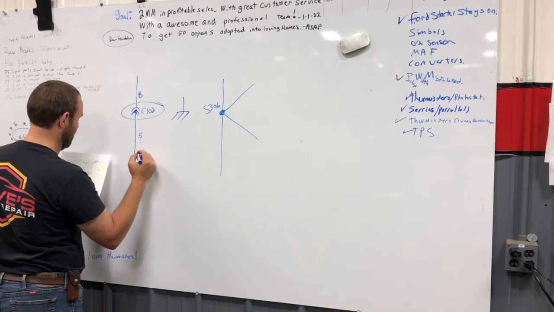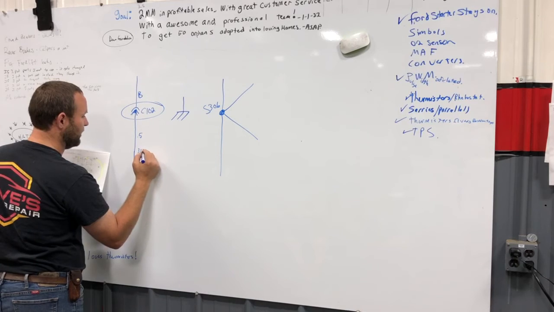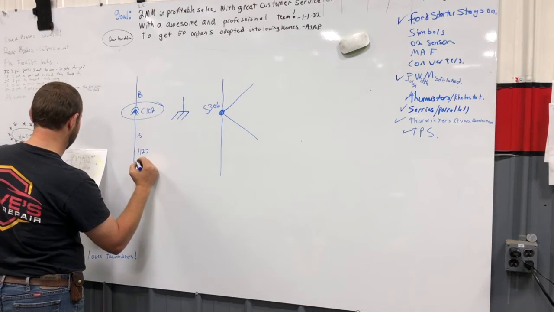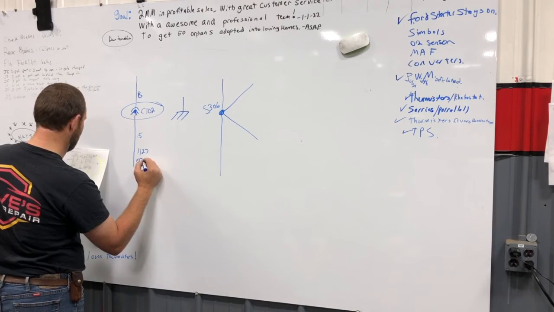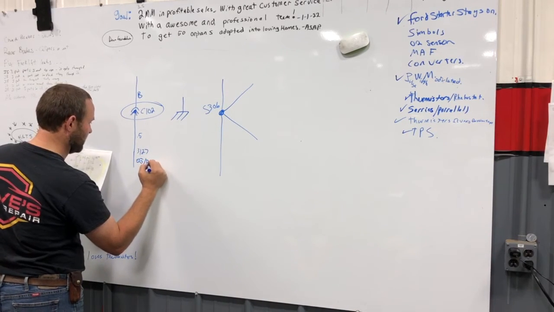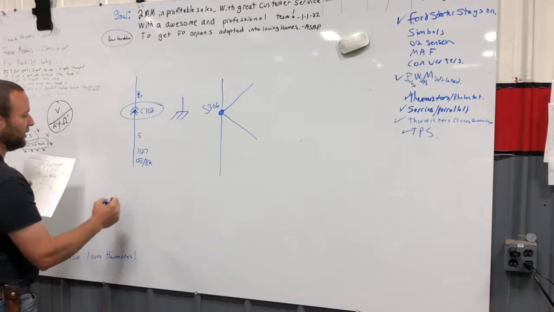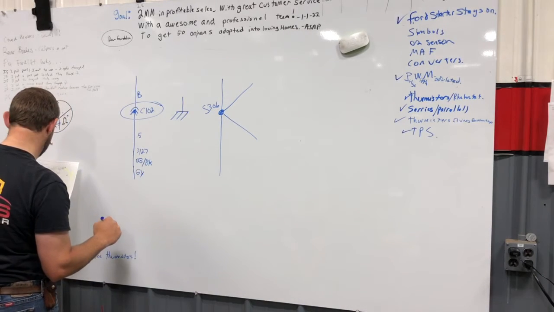What's that point for? Size of the wire. What's 3127 stand for? Circuit number. And BK, what's that stand for? Colors. Orange and black. GY, what's that be? Gray.